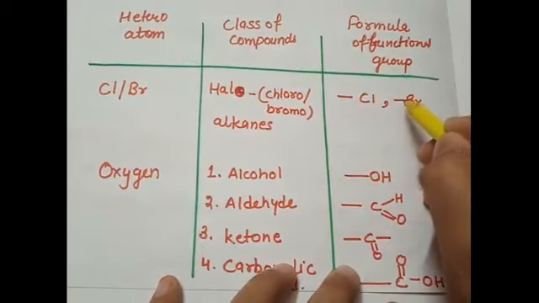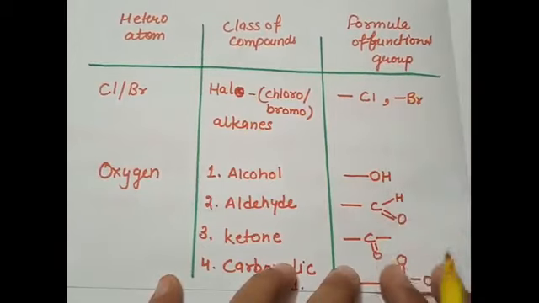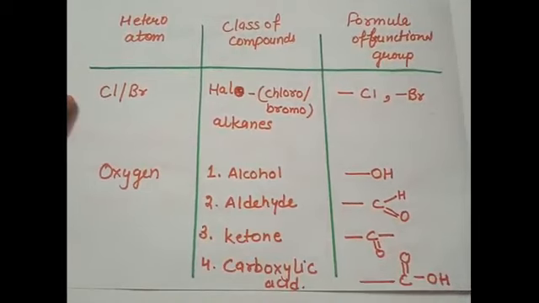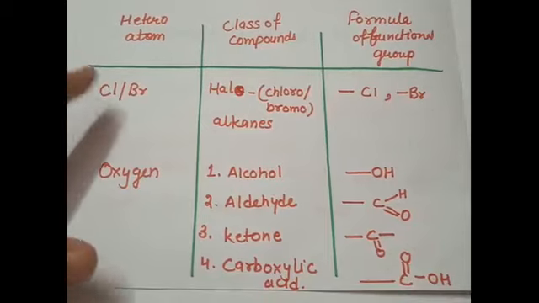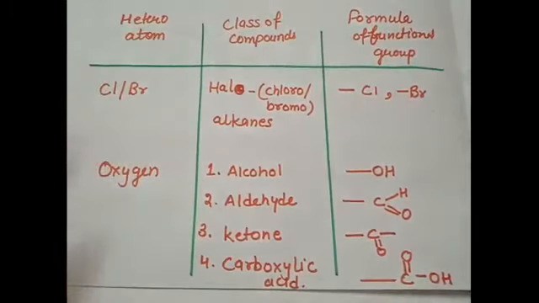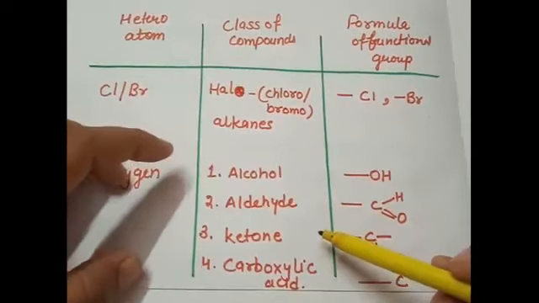For bromine, we will have one bond and a bromine atom. Then the second heteroatom can be oxygen, which can attach to the carbon chain or ring. Oxygen can attach in various forms, so we have 4 different classes of compounds.